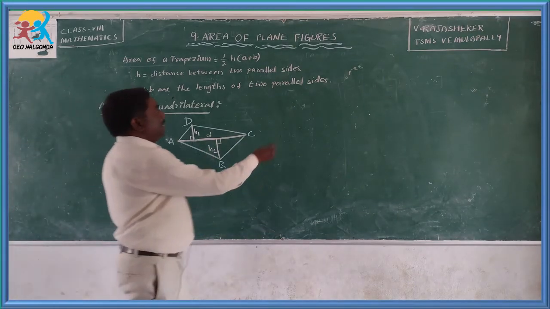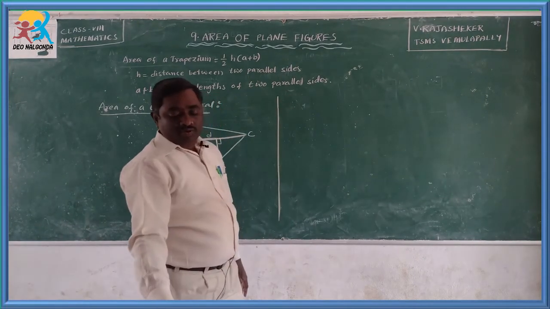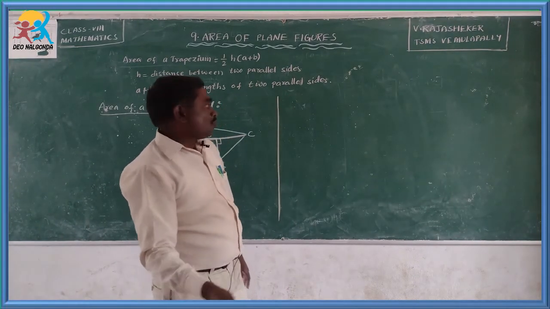So, now let us find the formula for area of a quadrilateral.